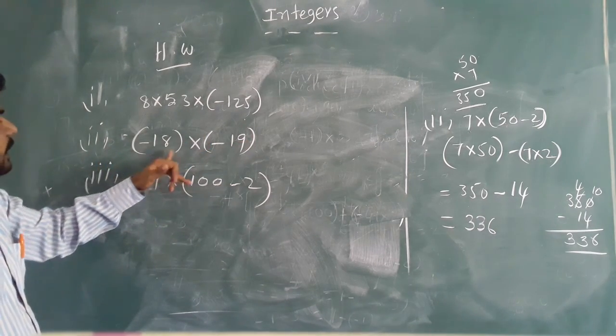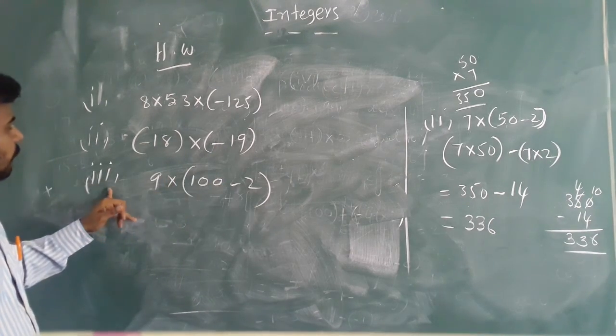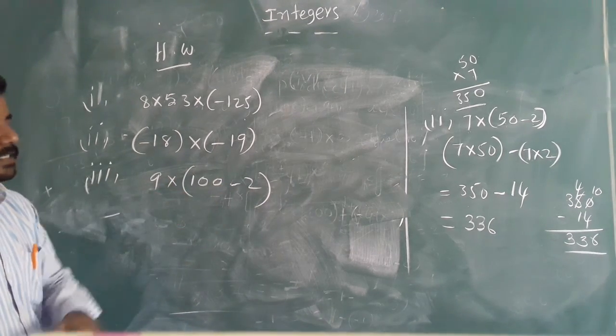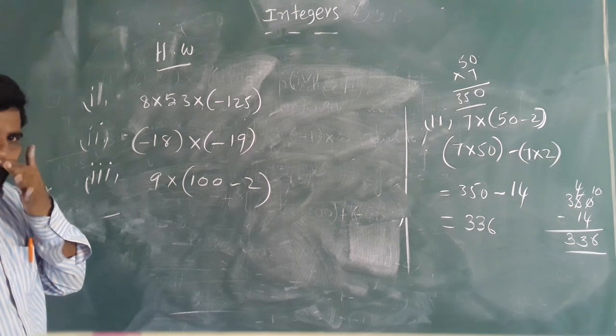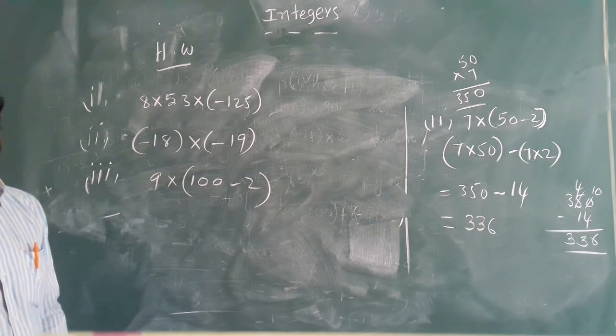Second one, minus 18 into minus 19. Third one, 9 into 100 minus 2. These three problems are homework. This is the homework.